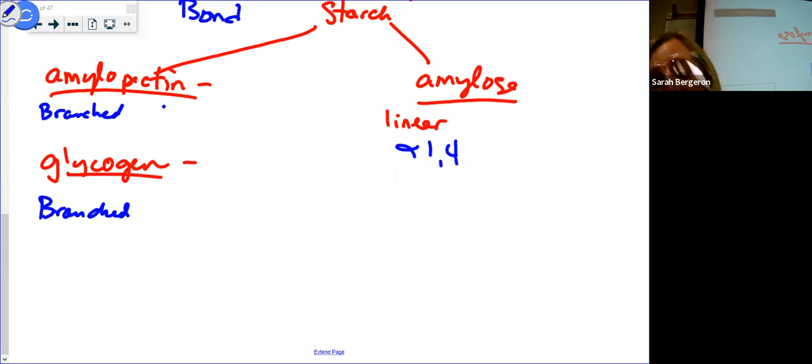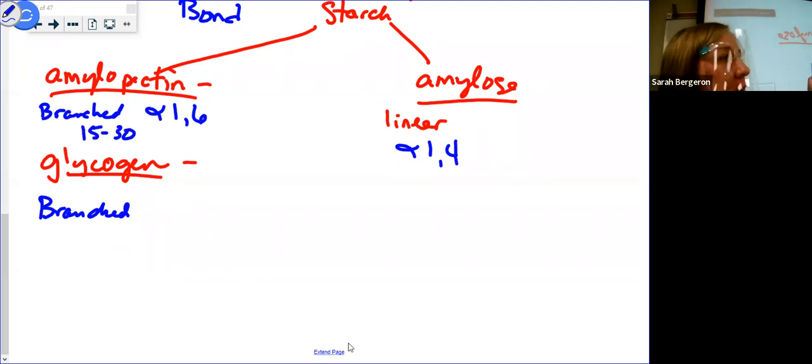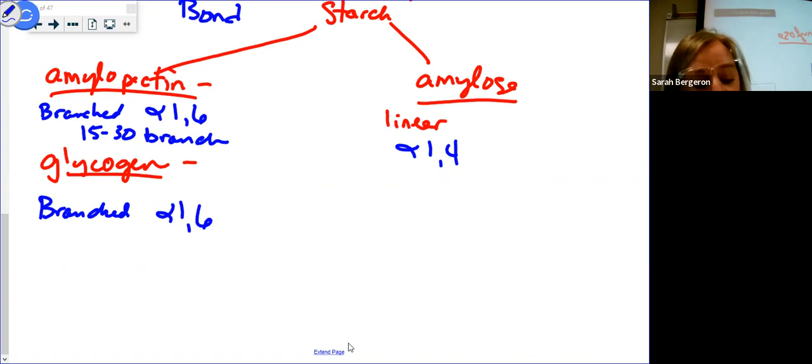Amylopectin, on the other hand, is still an alpha, but it's an alpha 1,6, and it doesn't branch very often. It only branches every 15 to 30 glucose residues, you have a branch point. Whereas glycogen, even though it has the same linkage as amylopectin, branches more often, every 8 to 12 glucose units.